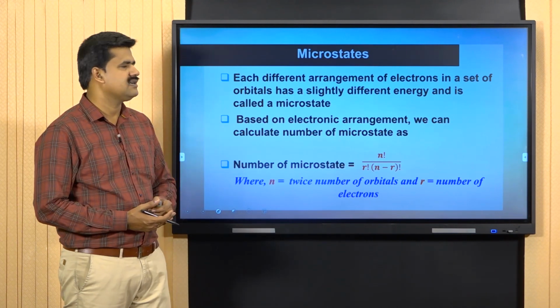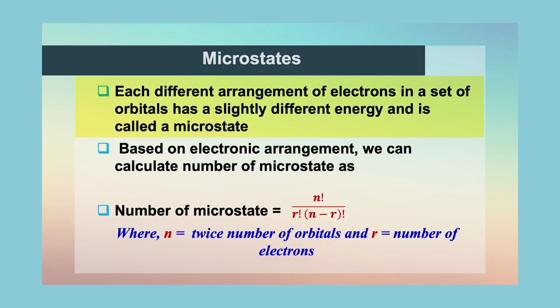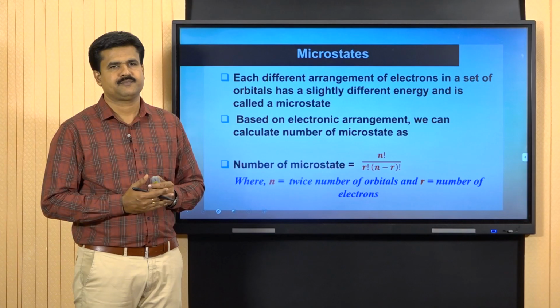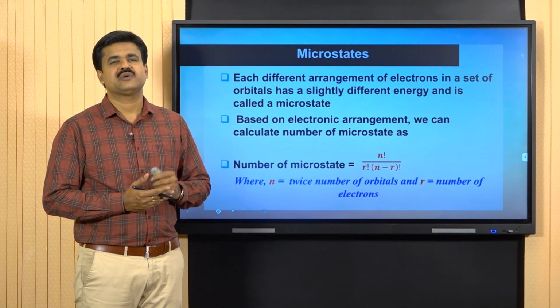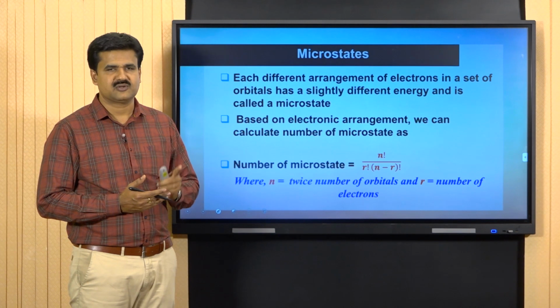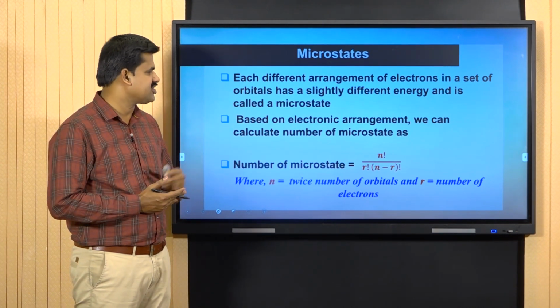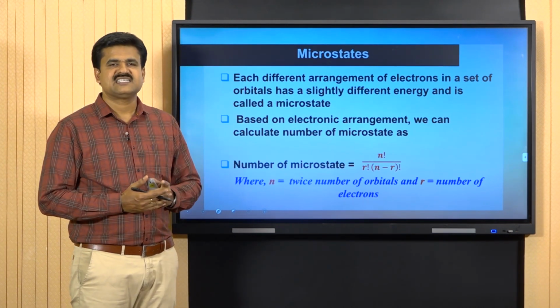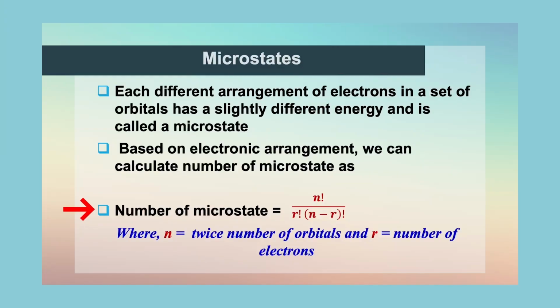Each different arrangement of electrons in a set of orbitals has a slightly different energy and is called a microstate. Based on electronic arrangement, we can calculate the number of microstates using this expression: number of microstates is equal to n factorial divided by r factorial into n minus r factorial.